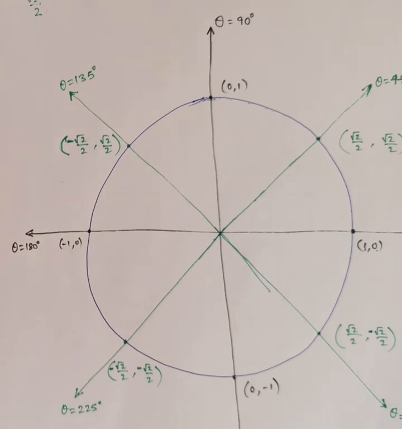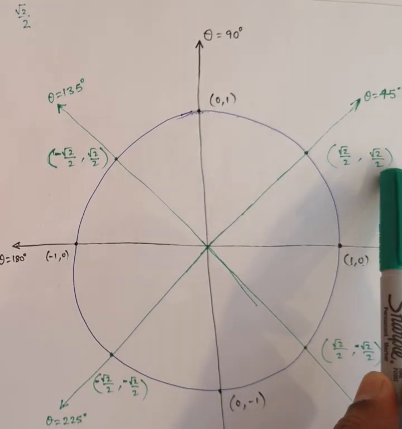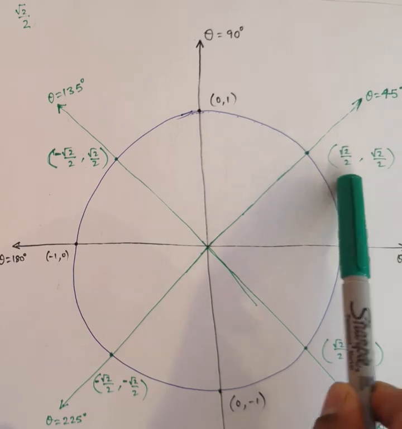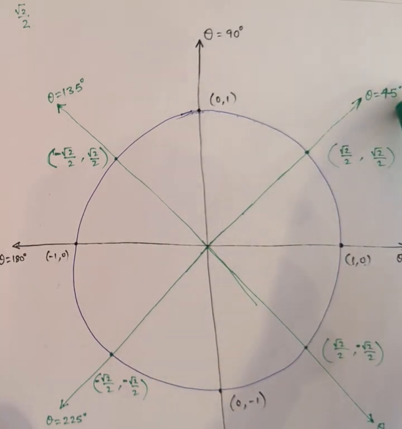Now, with these 4 additional points, we can find the trig functions for 4 more angles: 45, 135, 225, and 315. So what is sine 45 degrees? Well, sine is the y coordinate, so it's root 2 over 2. And what is cos 45 degrees? That's also root 2 over 2. And if you want tan 45 degrees, you just divide. But they are the same fraction, so when you divide, you get 1.